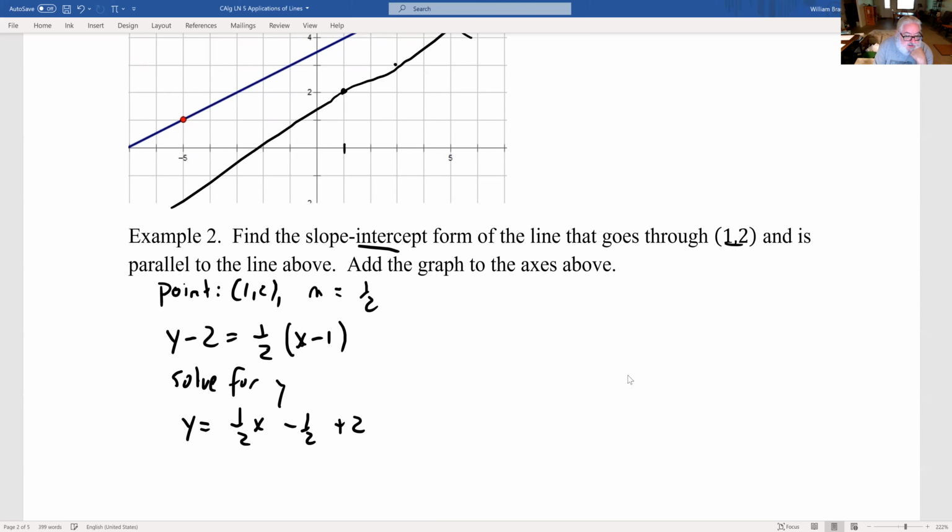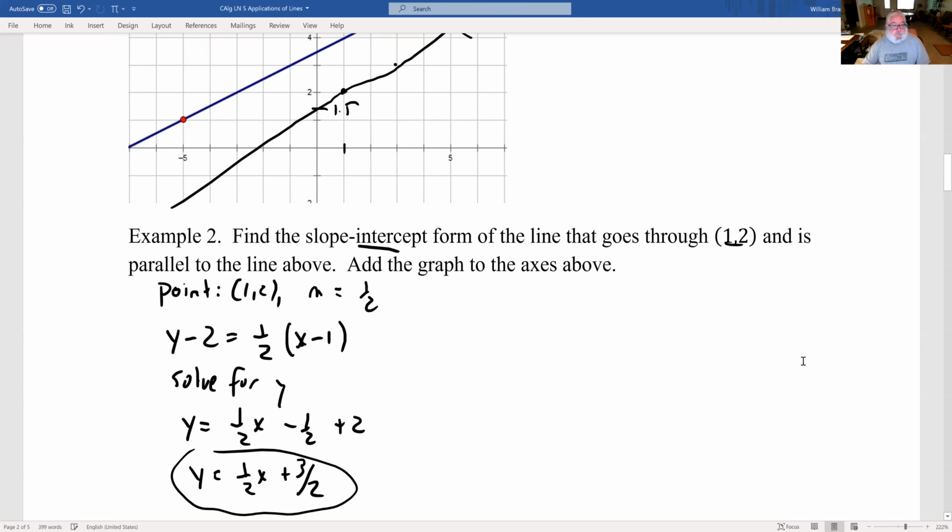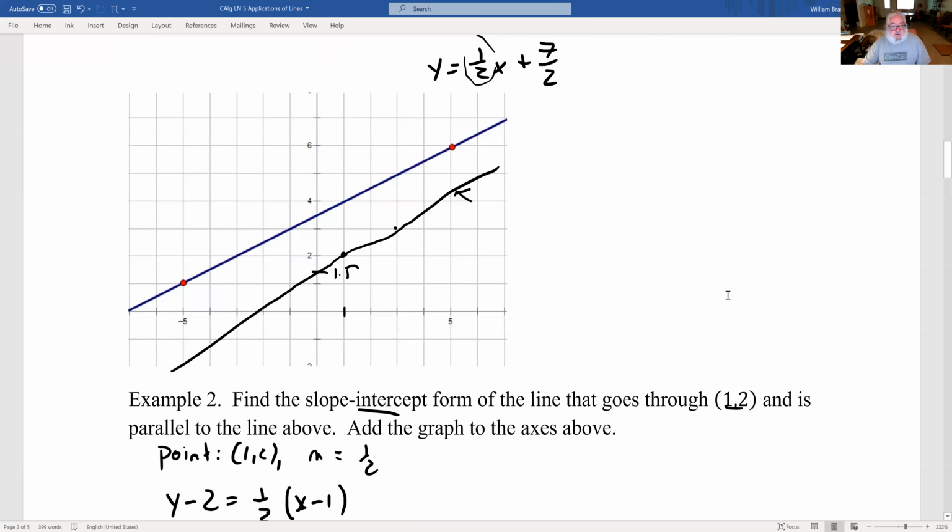Because we distribute the 1/2 and then add a 2 to both sides. And then 2 minus 1/2 is 3/2. And so there's the equation for the line. And the y-intercept is 1.5.